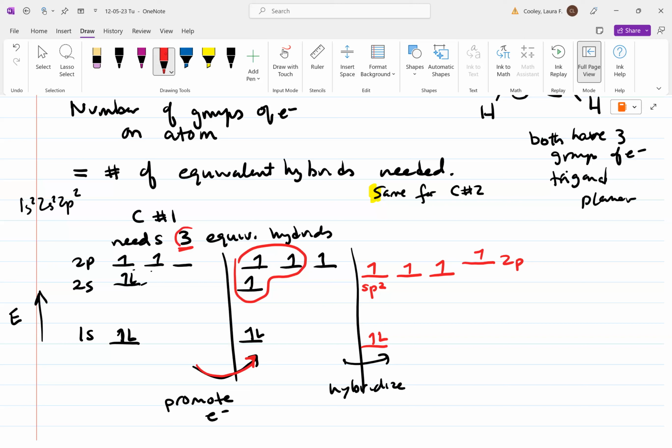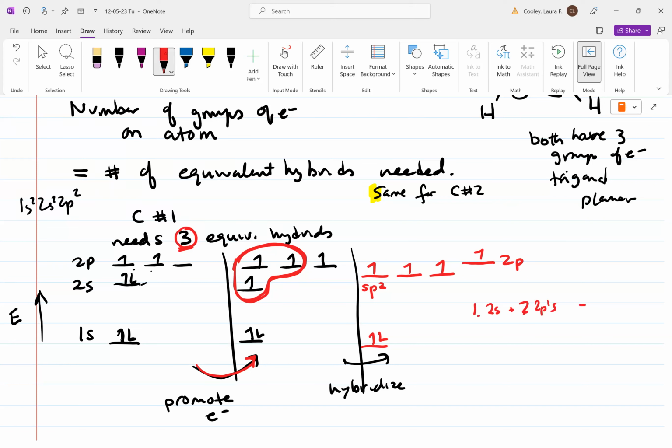And because we know we need 3 equivalent hybrids, we circle the 2s and 2 of the 2p's. That's 3 total orbitals, each being 2 parts p and 1 part s. And we use our orbital arithmetic, one 2s and two 2p's.